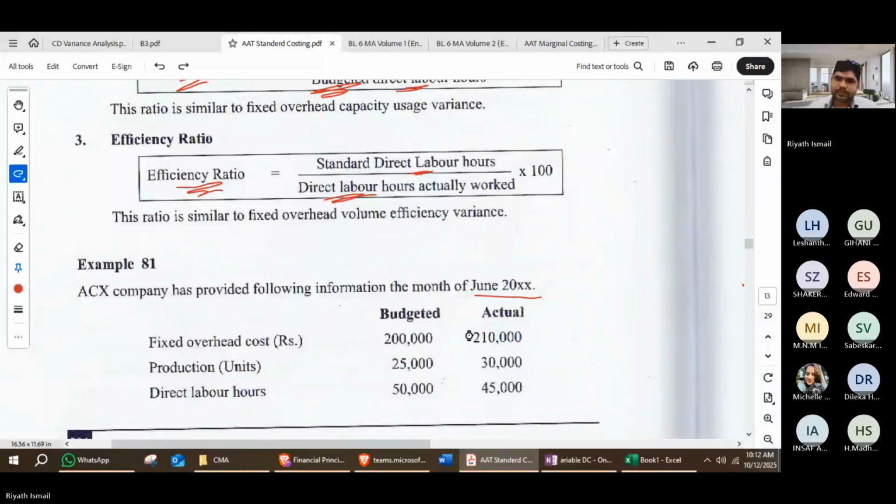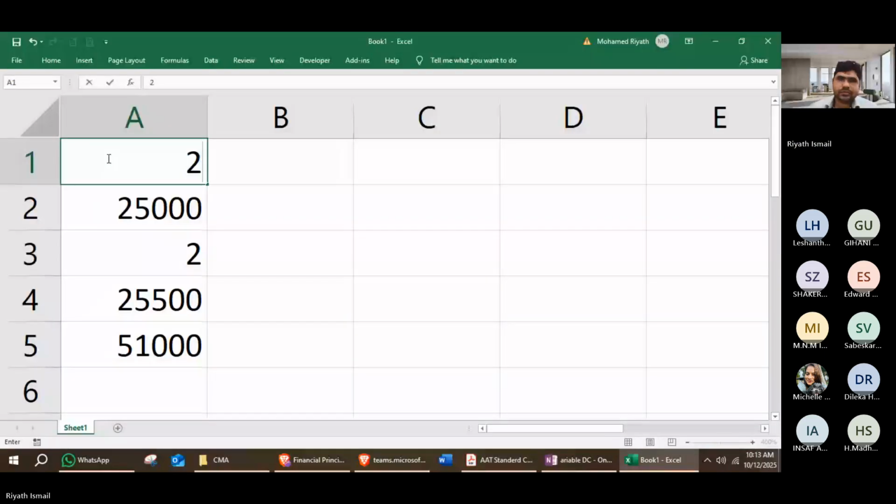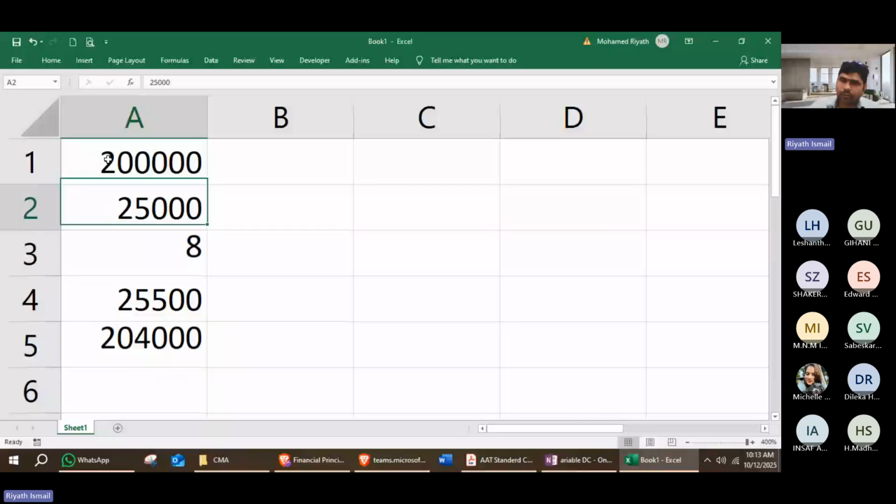How do we do this? We have another column called standard cost. This 200,000 cost is for 25,000 units. Actually, they have produced 30,000, right? 200,000 incurred for 25,000 units, so the per unit cost is 8, but actual production is 30,000.